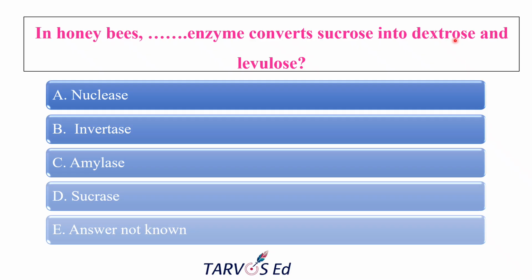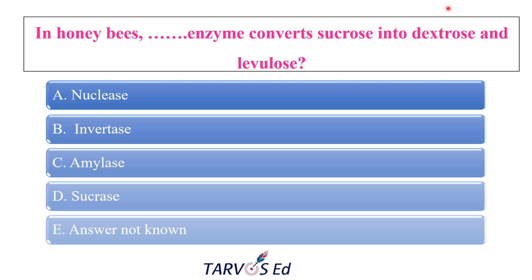Dextrose means nothing but glucose. Levulose means fructose. Okay, so they are adding the particular enzyme along with the sucrose so that the complex sugar will be converted into the simple sugar. Why are they doing that?